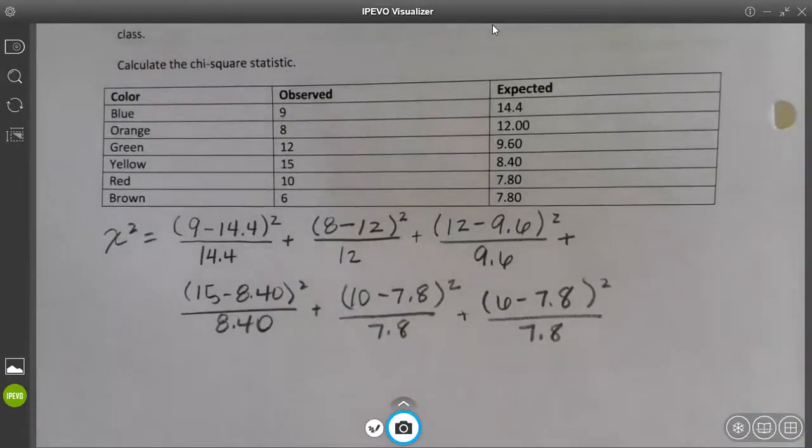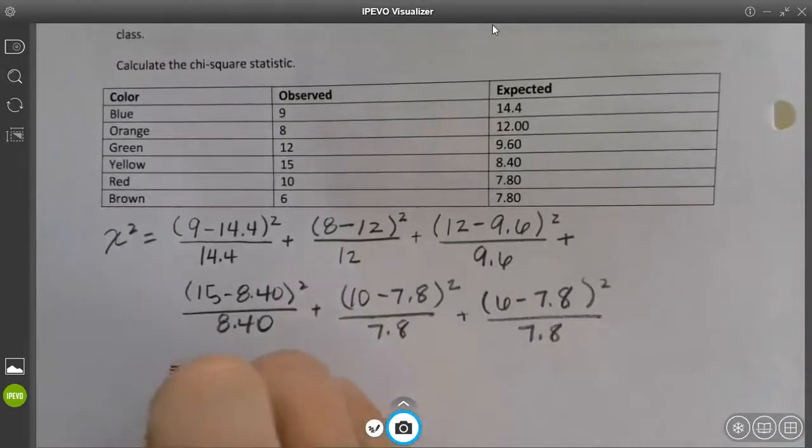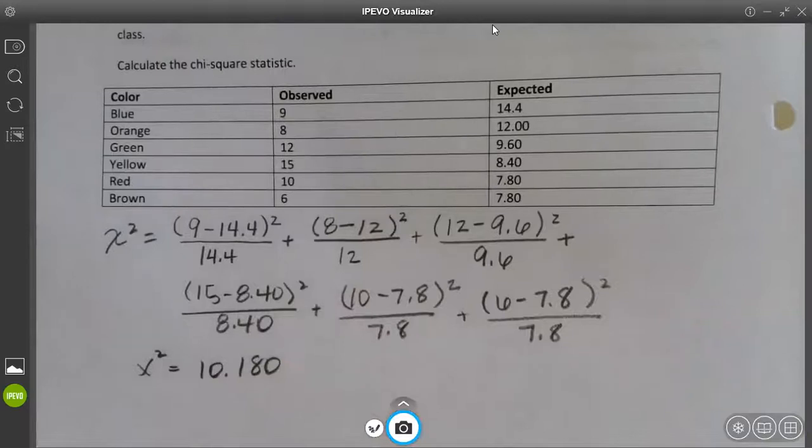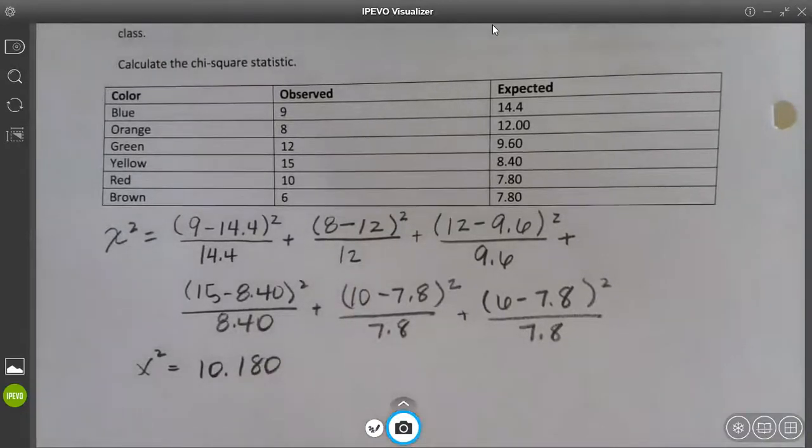When you put that all in your calculator, you get a value of 10.180. Any questions on how to find that? Observed minus expected squared over the expected, and then add them all up.